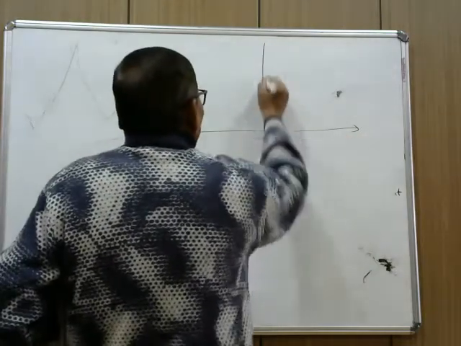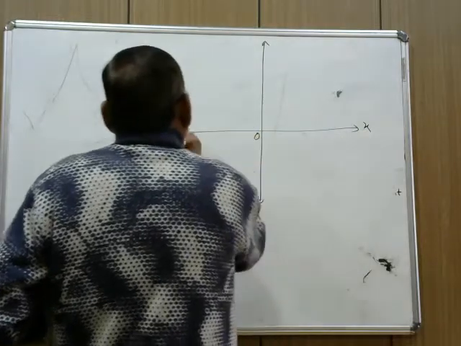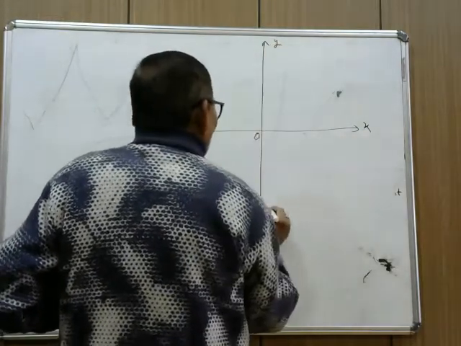So this is your x and y axis, XO, X dash, YO, Y dash.